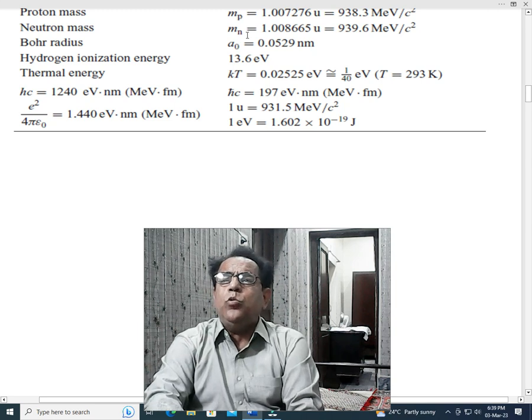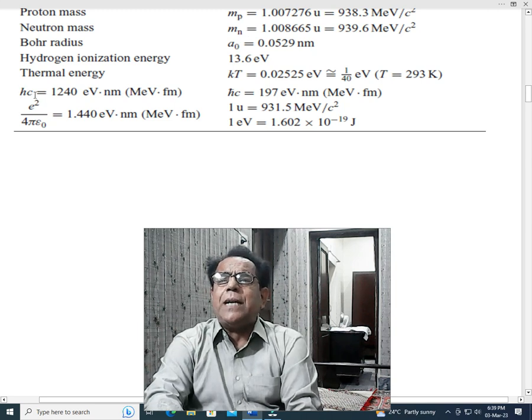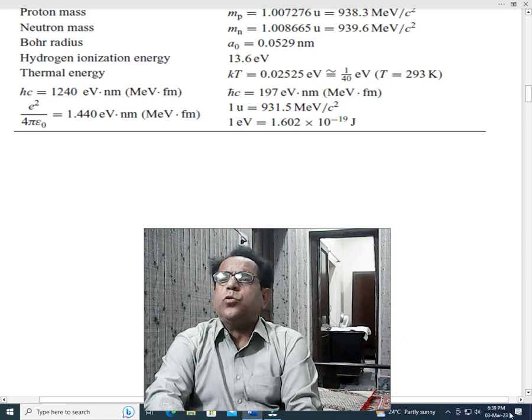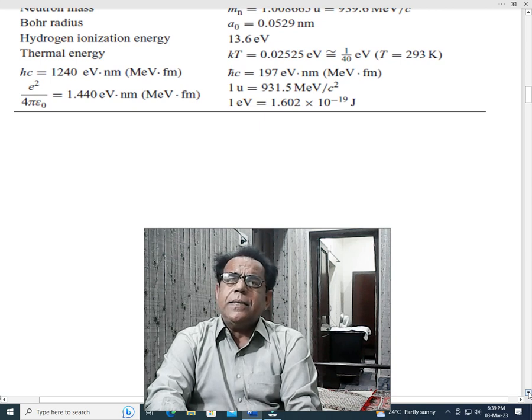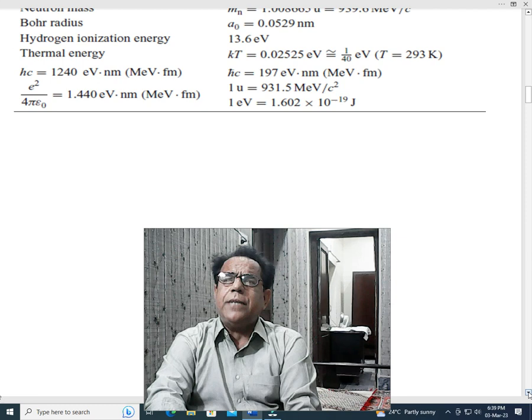We have both values, h and c, and when we multiply, we get this value. Moreover, 1 electron volt is equal to this.